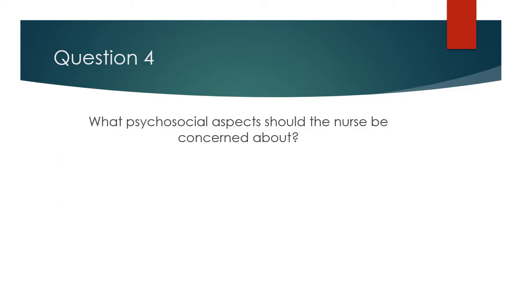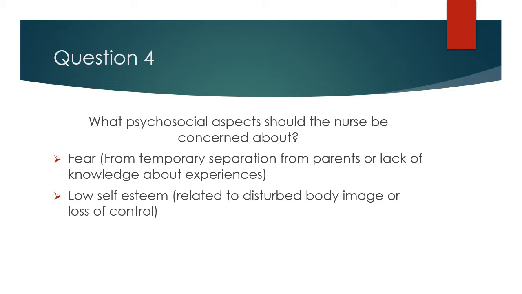What psychosocial aspects should the nurse be concerned about? When it comes to this patient, there are several psychosocial concerns the nurse should have. One big one, especially with the patient's young age and being a pediatric patient, is fear.